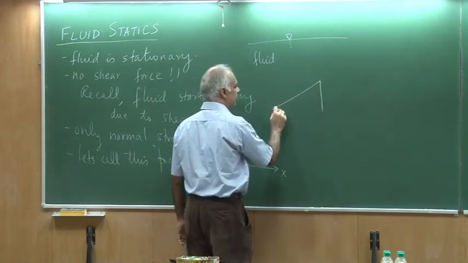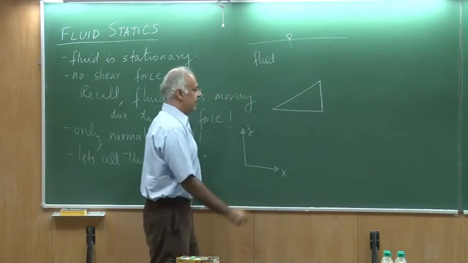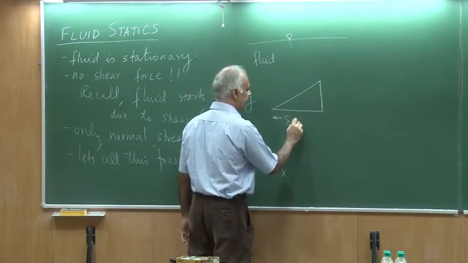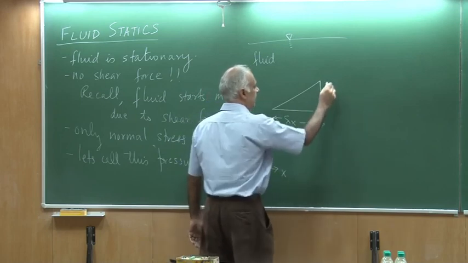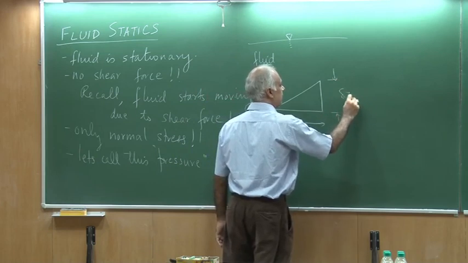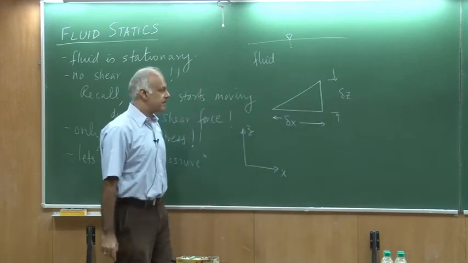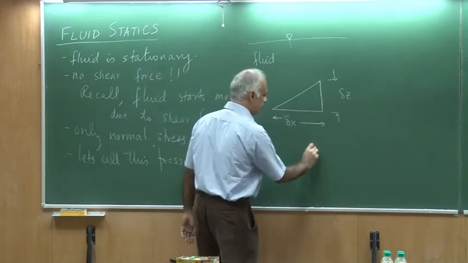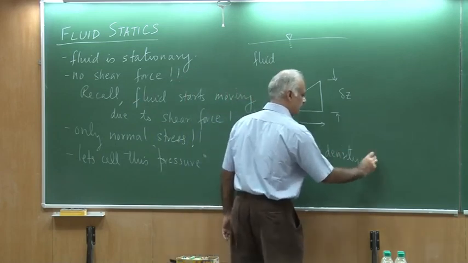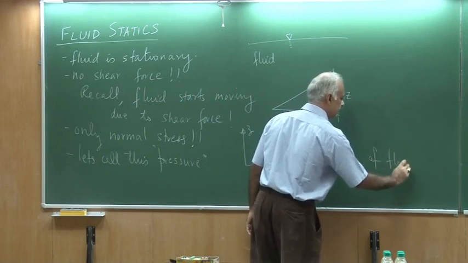So, this is the element of fluid. Let me say this length is delta x and this height is delta z. Rho is the density of fluid.